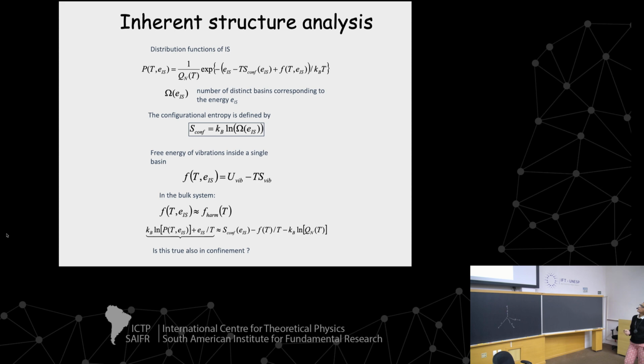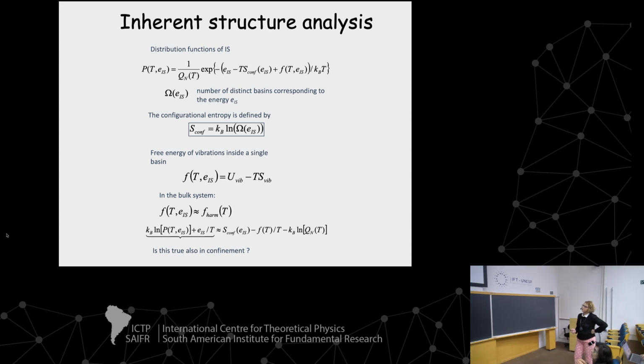This is the number of distinct basins that have this energy of the inherent structure, and the logarithm of this number multiplied by kB is the famous configurational entropy. So the configurational entropy is something that you have to evaluate when you want to calculate the entropy of the system.